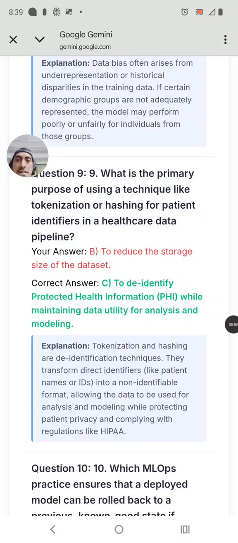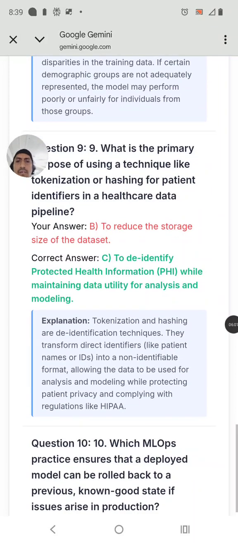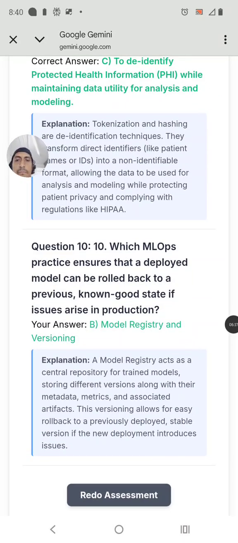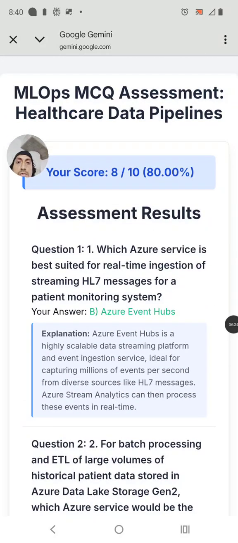So hashing helps with de-identification, like anonymization. Number 10. Which MLOps practice ensures that a deployed model can be rolled back to a previous known-good state if issues arise in production? I don't know, maybe model registry and versioning? That should be it, yes. And that was the correct answer. So 8 out of 10, not good, not bad.